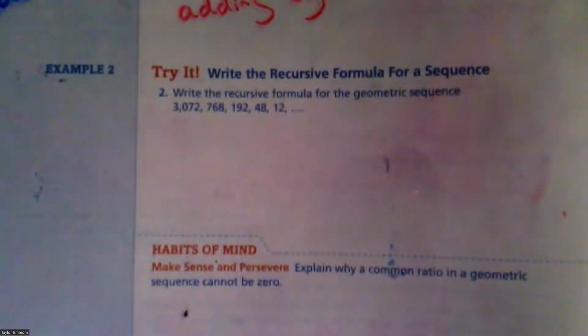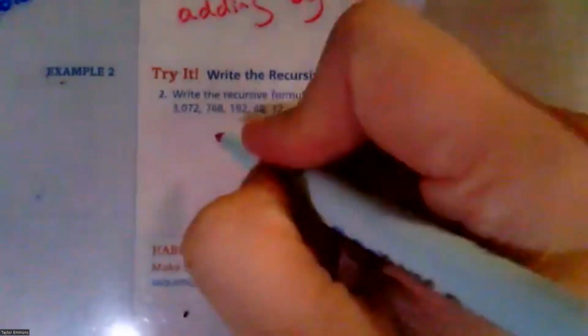Okay, so there's two different types of formulas. And we had the same thing with arithmetic as well. But on here, we got the recursive formula. So what's going to happen with that is we're going to write a sub n, and we're going to probably put this over to the side.